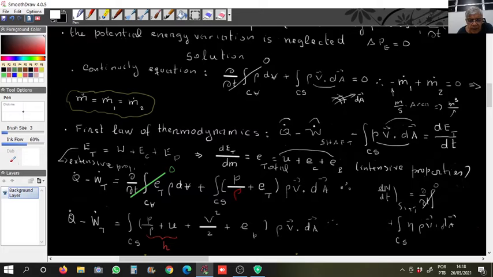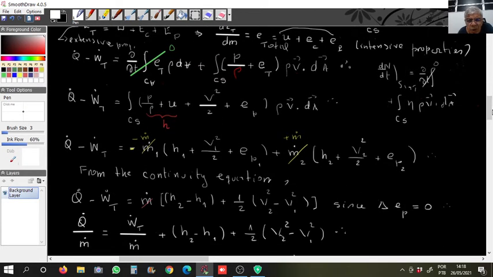Now, I continue doing this. So this term over here, P over rho plus the internal energy, is called enthalpy. Enthalpy is an intensive property, because it is a combination of these state variables, u, P, and rho.